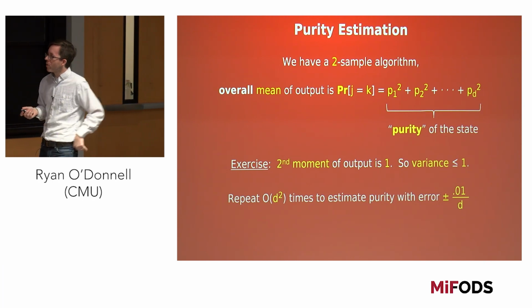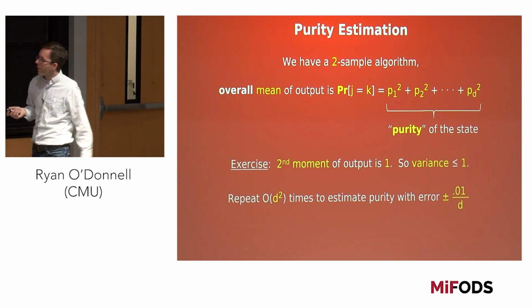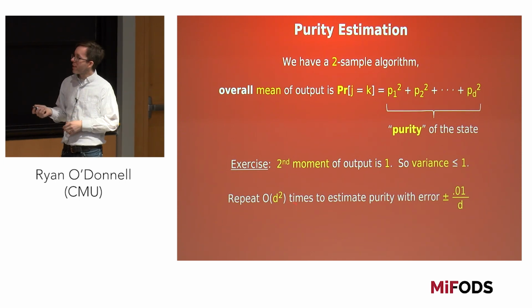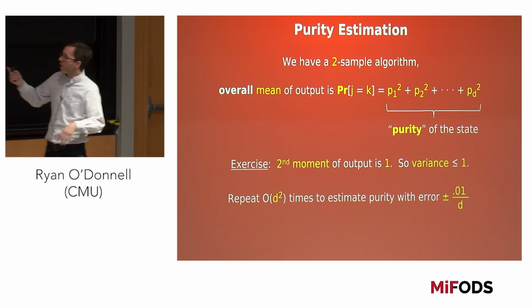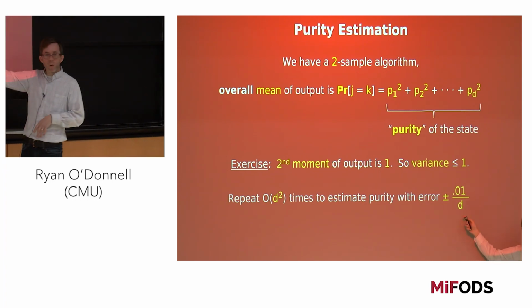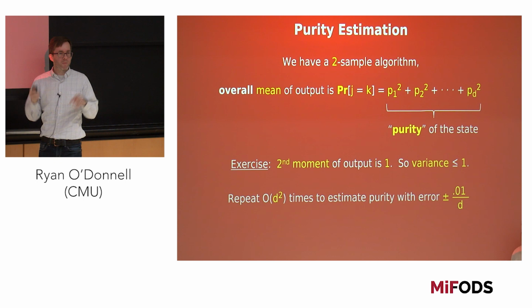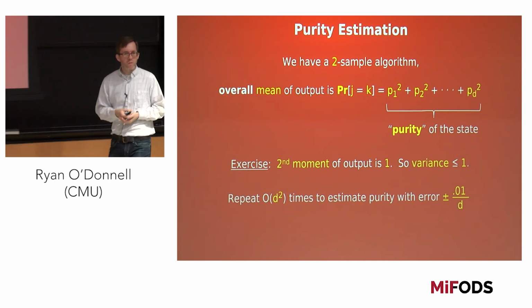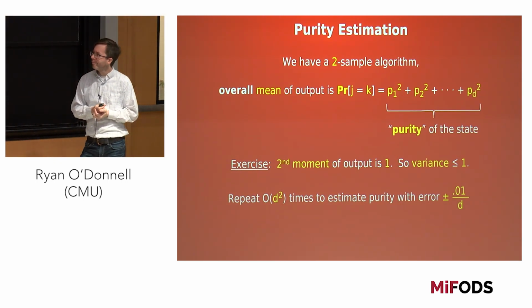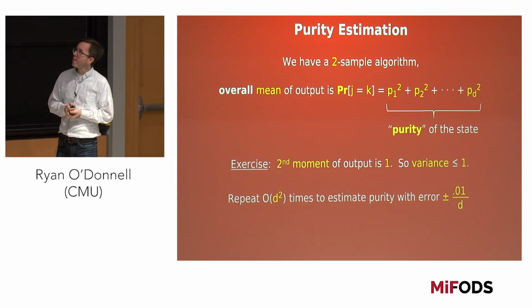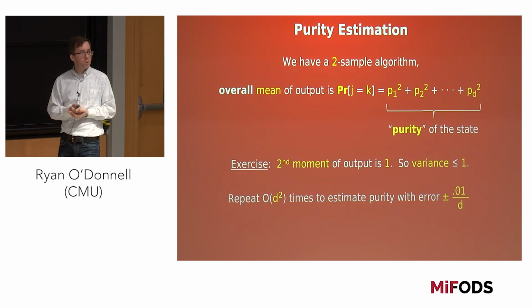Making a long story a little bit short and simplifying a little bit, you could repeat this whole sampling procedure, this algorithm, d squared times, and estimate the purity to error like 0.01 over d, which is maybe what you need to get a really good estimate, because the purity itself might be as small as 1 over d. OK. So this is a quantum algorithm for estimating the purity of an unknown quantum state.